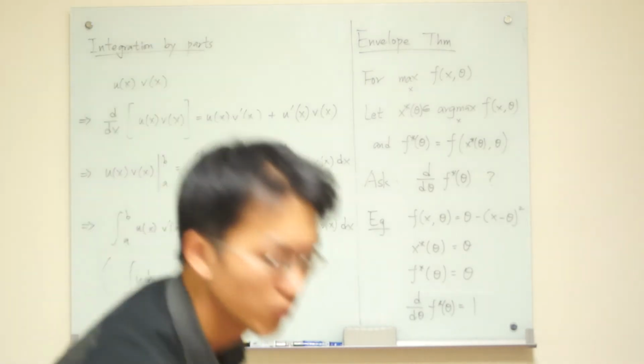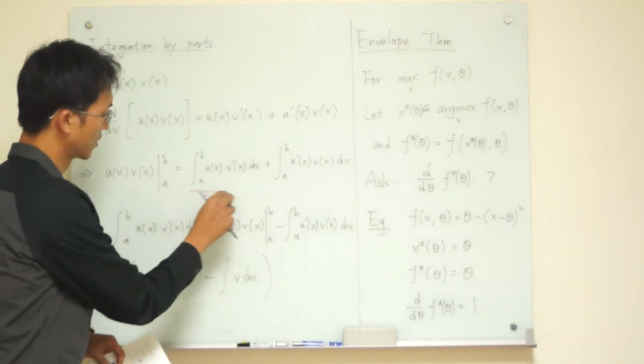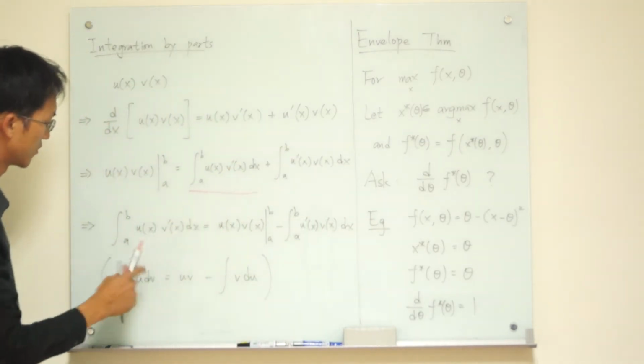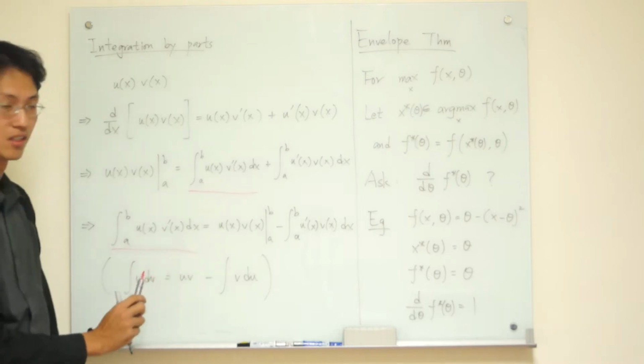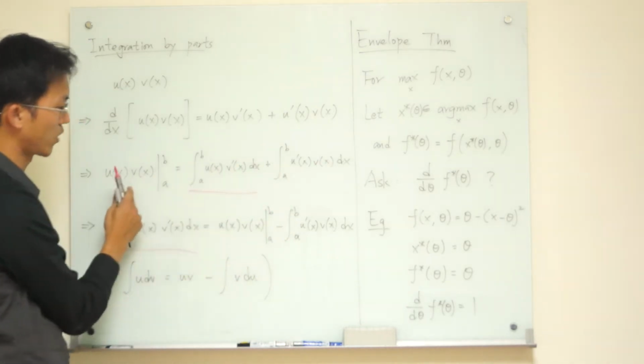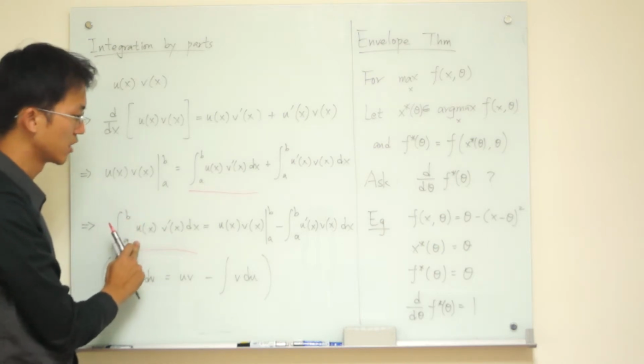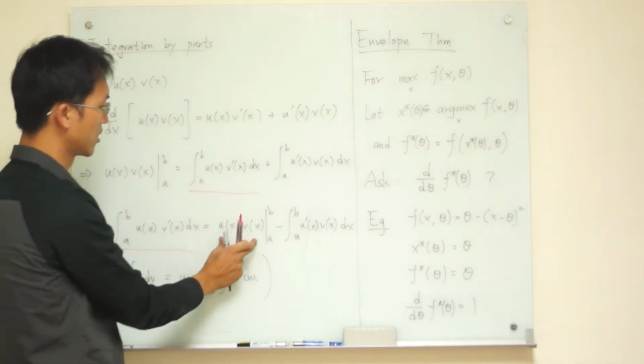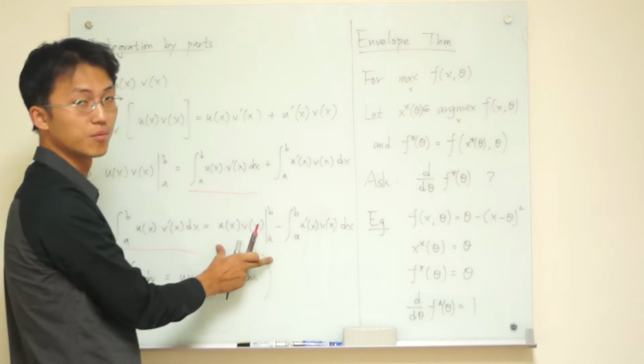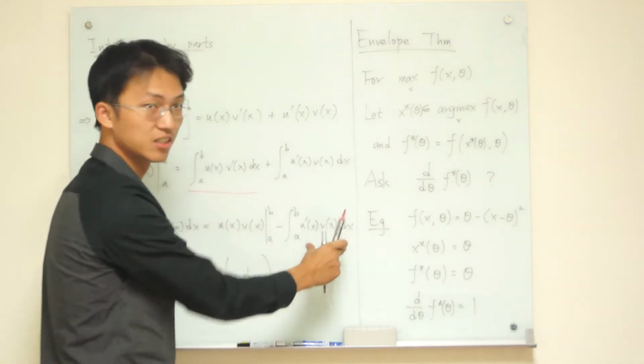And now, let's focus on this term. If we put this term at the left hand side, and take the other term to the right hand side, we can see that this integral can be found by doing first these two plug-ins and then another integral.